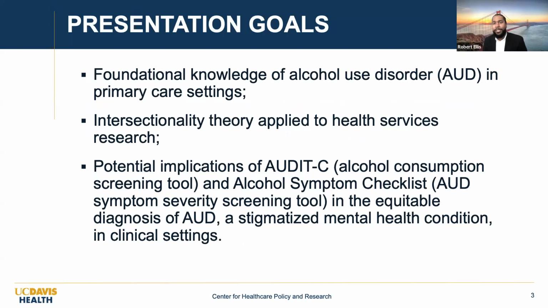I also want to say some presentation goals include talking about some preliminary knowledge of AUD in the primary care settings, as well as discussing some intersectionality theory applied to health services research. And lastly, talking about some of the implications of AUD screening tools, such as the AUDIT-C and Alcohol Symptom Checklist.